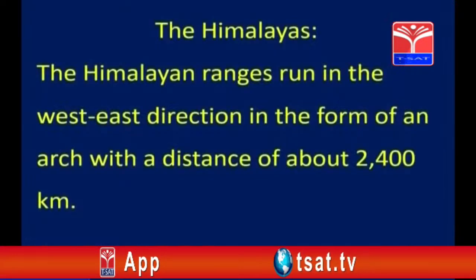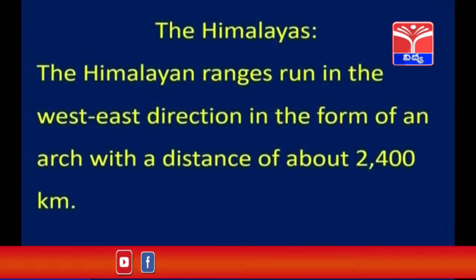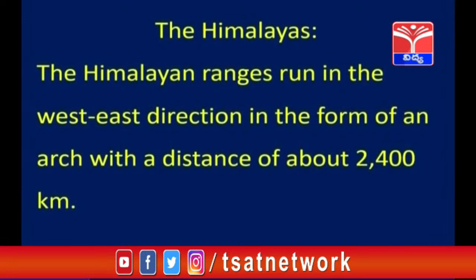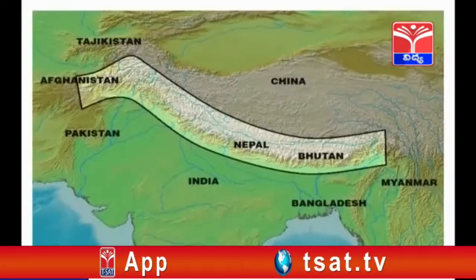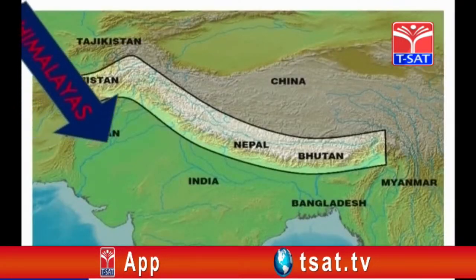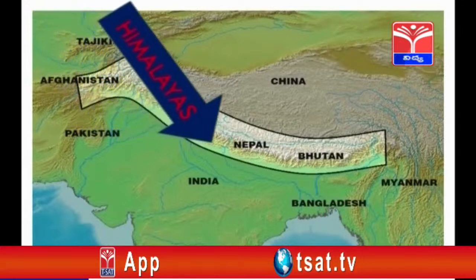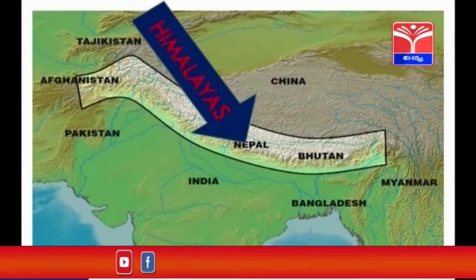Now let us see about the Himalayas. The Himalayan ranges run in the west-east direction in the form of an arc with a distance of about 2400 kilometers. See this map, this is the region of the Himalayas. The Himalayas are towards the north part of our country.